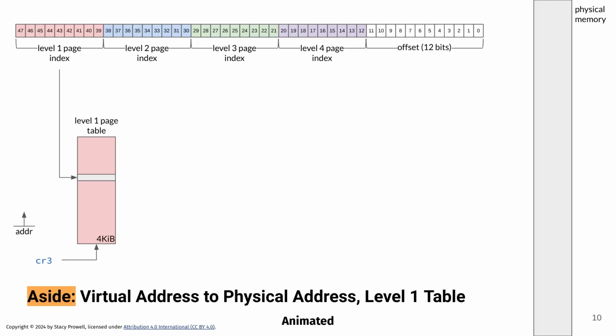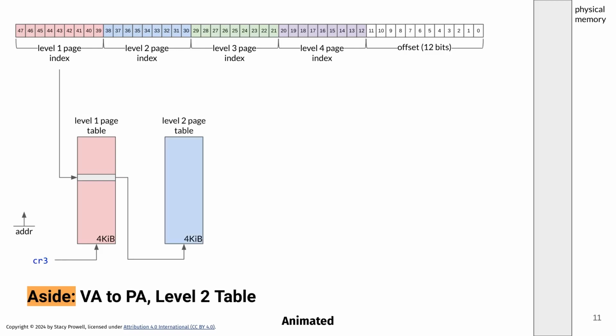So I take the high 9 bits, and that specifies a particular entry in the level 1 page table, and that gives me another physical address, namely the address of a level 2 page, not the level 2 page, right? There can be up to 512 different level 2 pages. This points me at the particular level 2 page that I need, and it gives me the physical address of that level 2 page. Great.